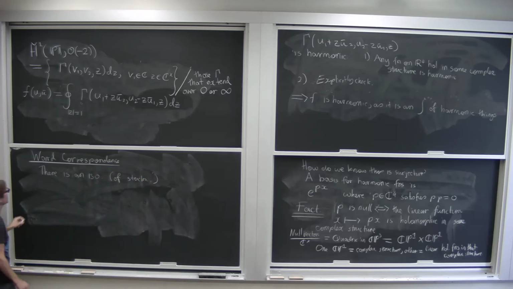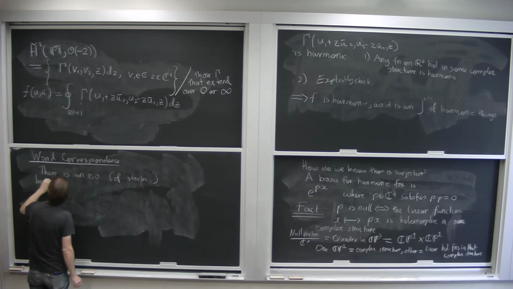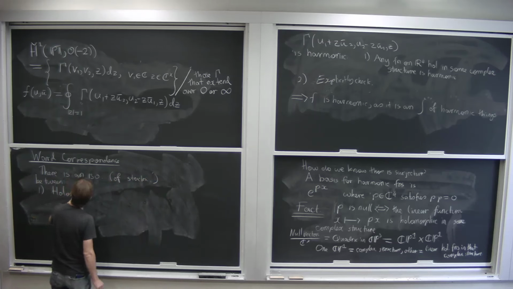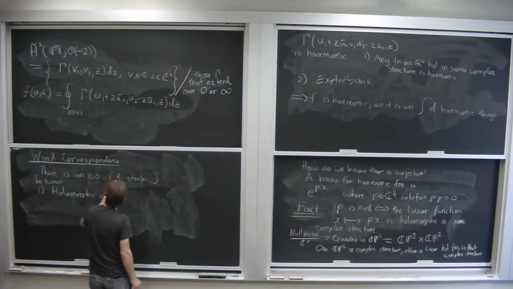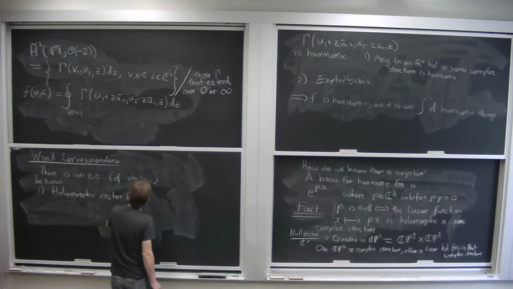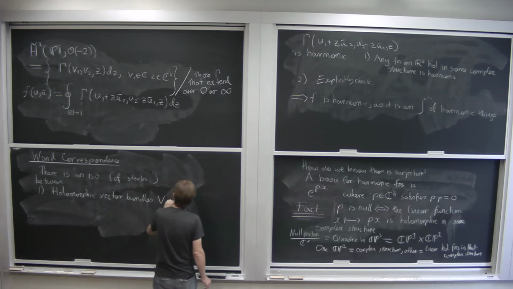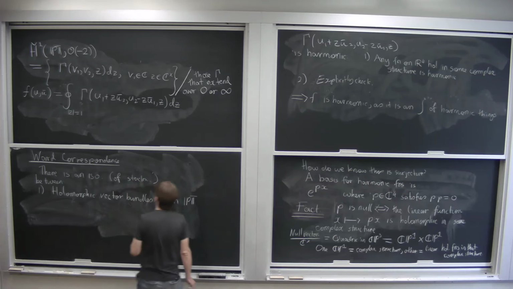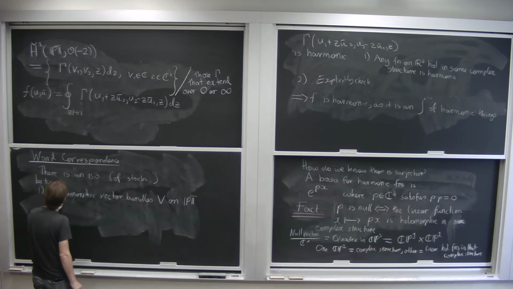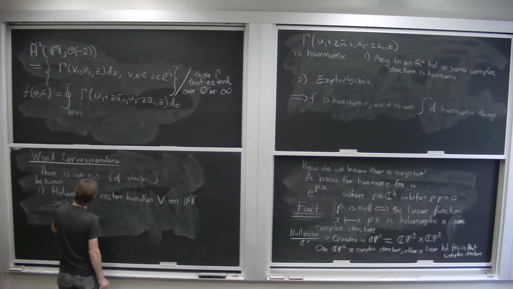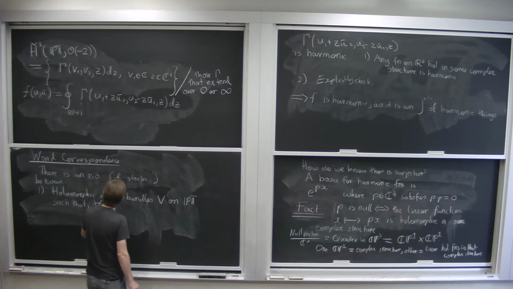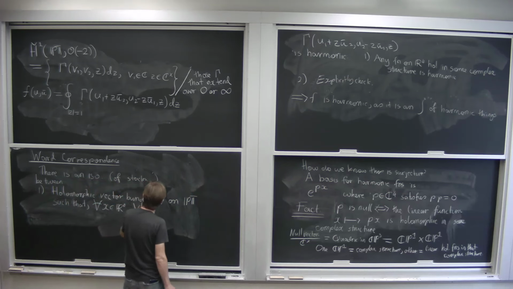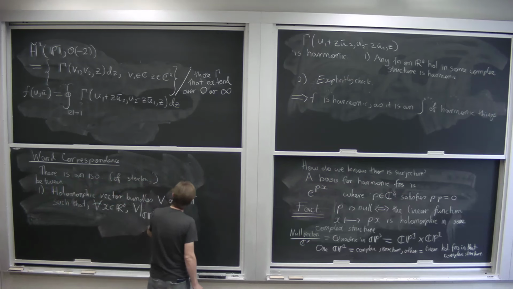It preserves all symmetry between one, holomorphic vector bundles B on twistor space such that for all x in R4, the restriction to this CP1 is trivial.